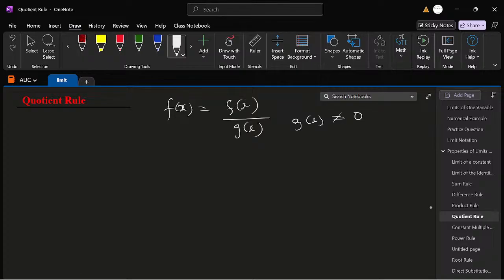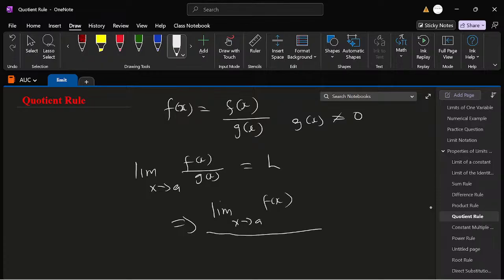So here we can now substitute this into the standard form of the limit. In this case it will be the limit as x approaches a of f of x over g of x, which should be equal to the limit as x approaches a of f of x, over the limit as x approaches a of g of x.